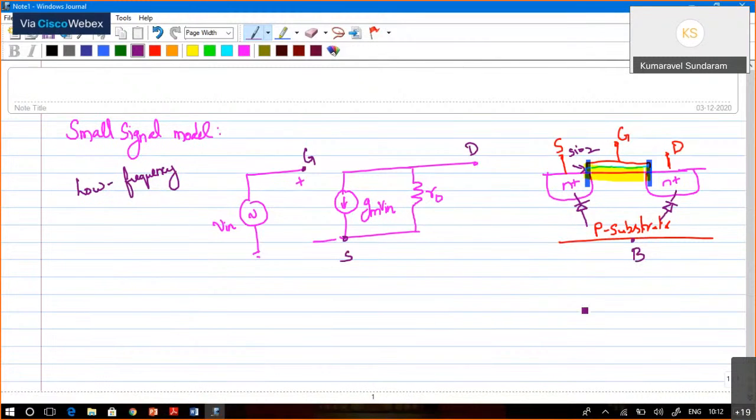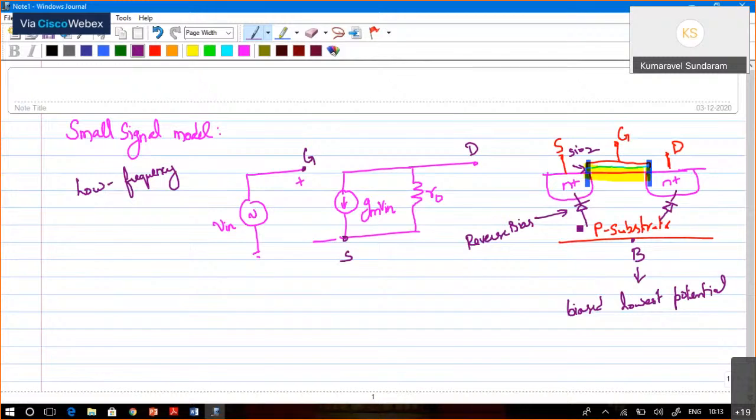This diode operates in reverse bias because bulk will be biased to the lowest potential.